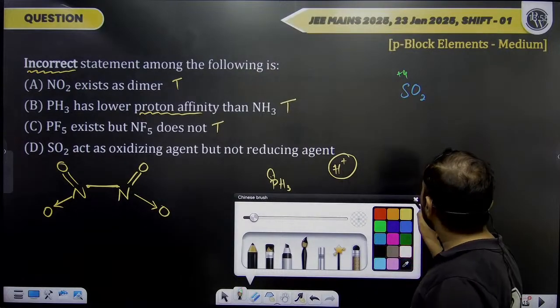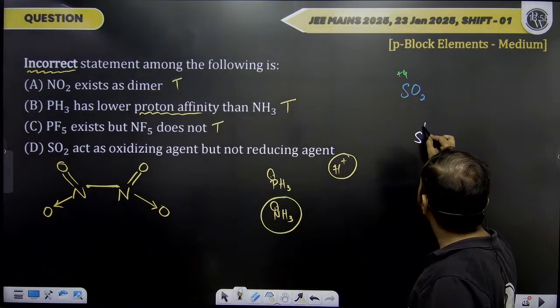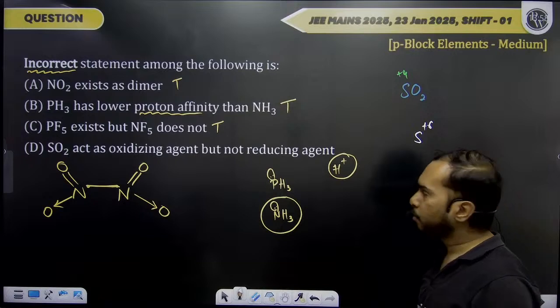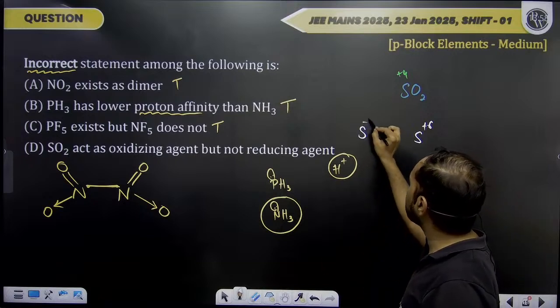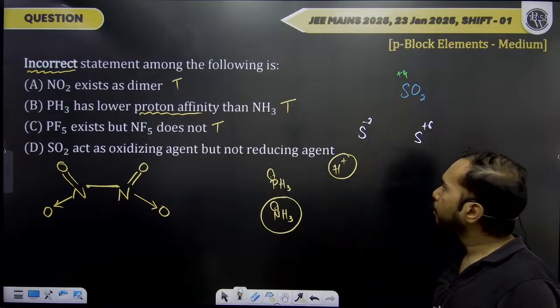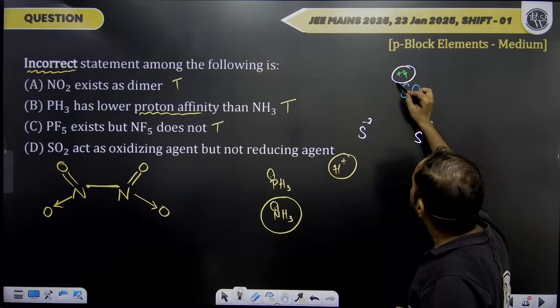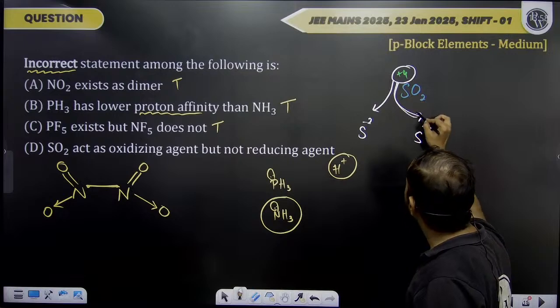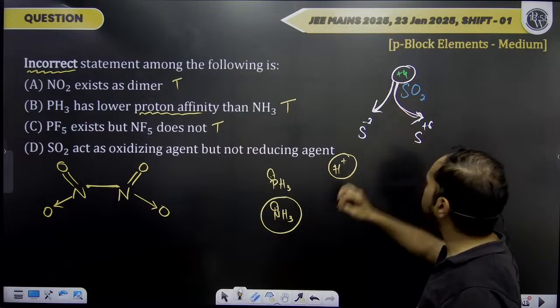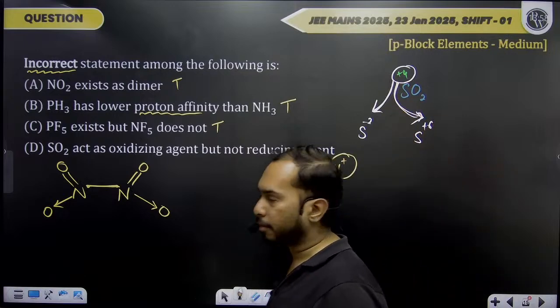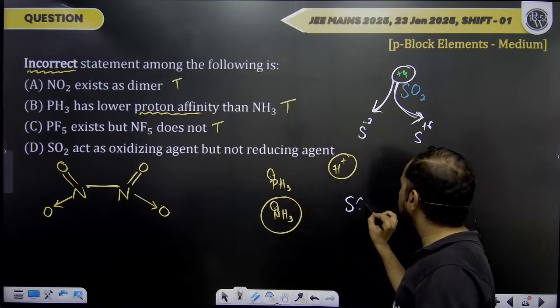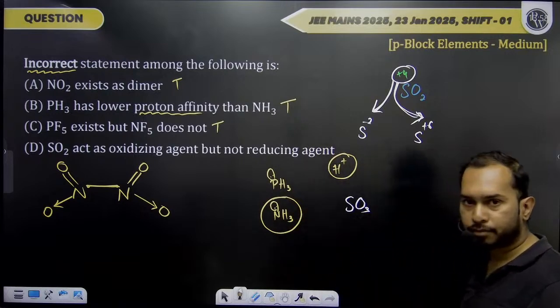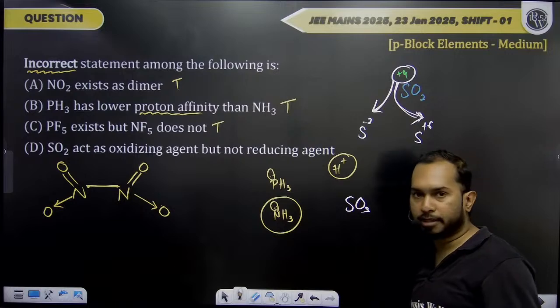Now, what is the maximum oxidation state which can be shown by sulfur? +6. What is the minimum oxidation state? -2. That means it can get oxidized as well as reduced; it can act as a reducing agent and as an oxidizing agent. If I ask you about SO3, can this act as a reducing agent?